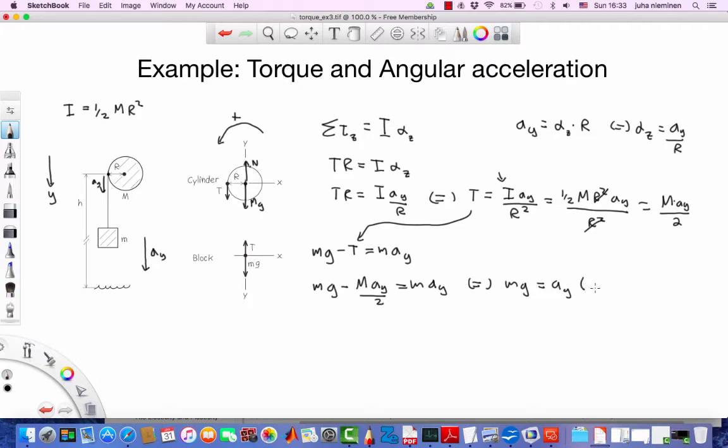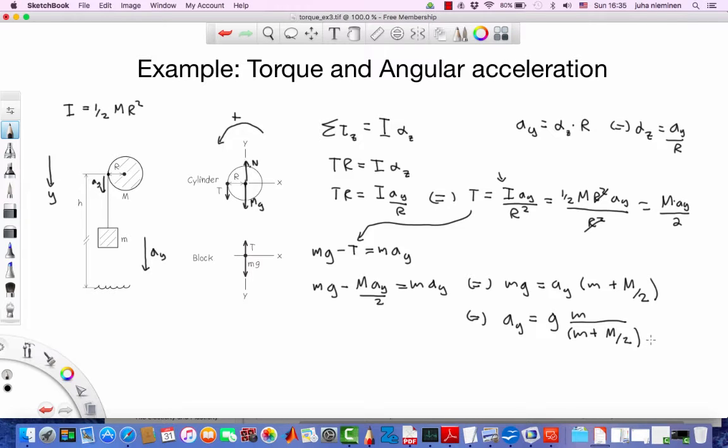We have m plus M over 2, and that times ay is mg, and then we can solve for the ay to be g times m divided by m plus M over 2.